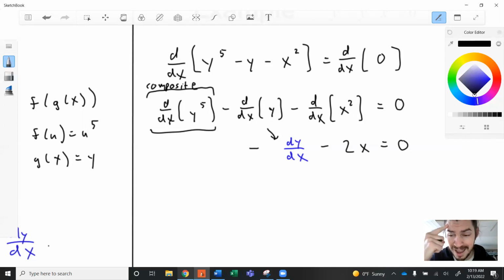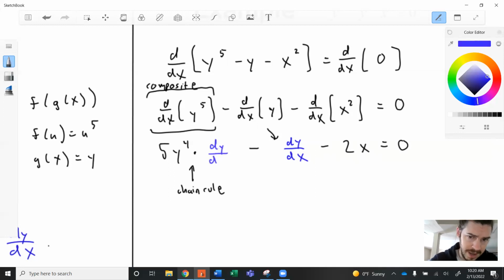Because remember, in this scenario, the idea is that y is a function of x. So we've got to treat it that way whenever we encounter it. So the way I'm going to do the derivative of that, I'm first going to apply the power rule to do the derivative of y to the 5. That's pretty normal. I'm just going to do 5 times y to the power 4, right? But then via the chain rule, because this is a composite function, we have to multiply by the derivative of y with respect to x. Yet again, that is dy over dx.